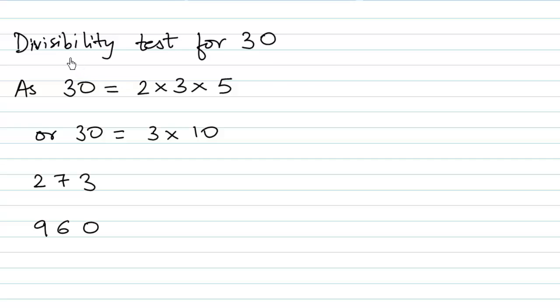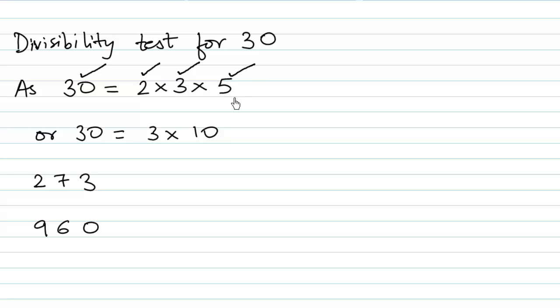Similarly, we can derive the divisibility test for 30. As we know, 30 is made up of 2 multiplied by 3 multiplied by 5. A number which is divisible by 2 as well as divisible by 3 as well as divisible by 5 is also divisible by 30. For example, that number needs to be an even number.